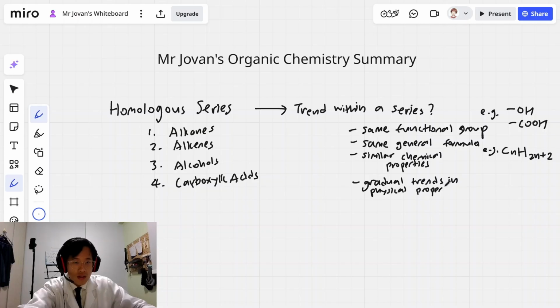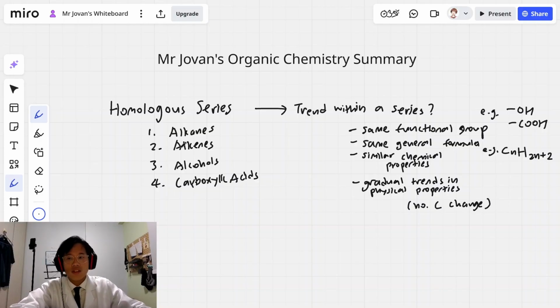As the number of carbon atoms increases across the homologous series, there will be a change in the physical properties. So these are the 4 things that you must know, within a homologous series.